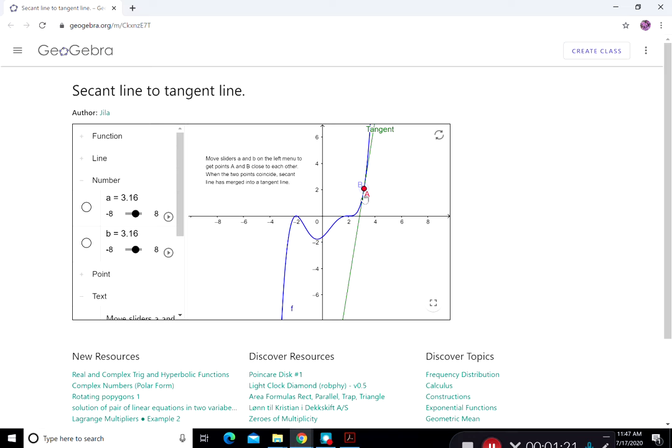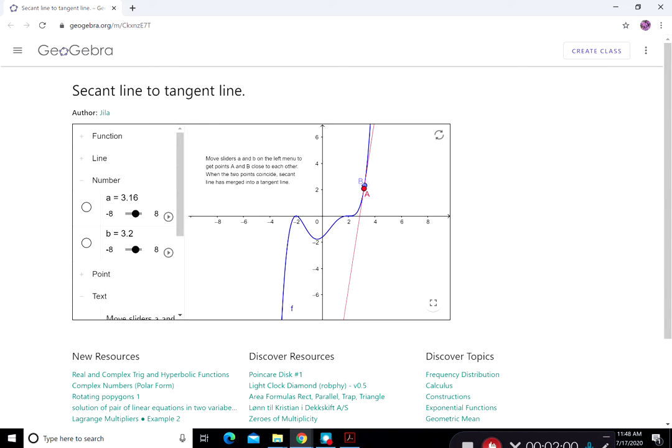It's what happens when A and B are infinitesimally close, and so the slope of the tangent line becomes the limit of the slope of the secant line. The same thing is true when we're discussing the average rate of change, or average speed. The limit of average speed becomes the instantaneous speed.